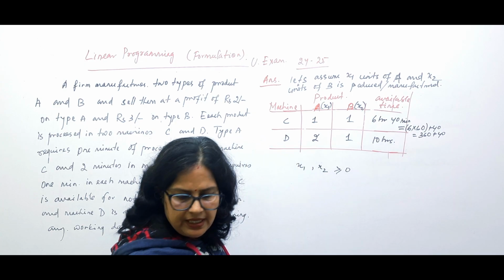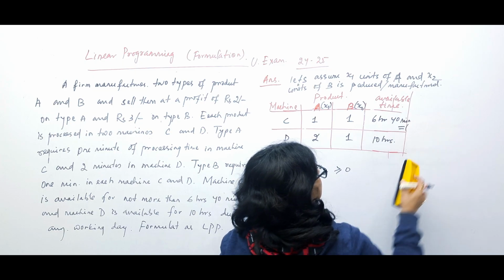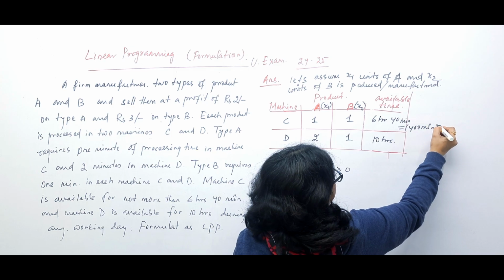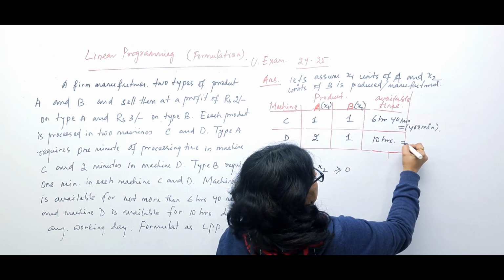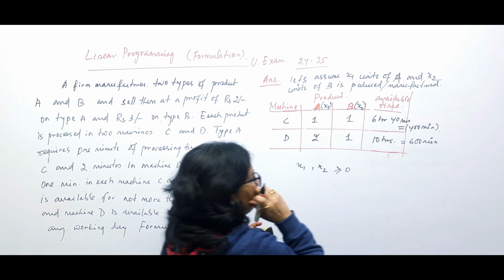So we can directly write 400 minutes here. And 10 hours is equal to 600 minutes.